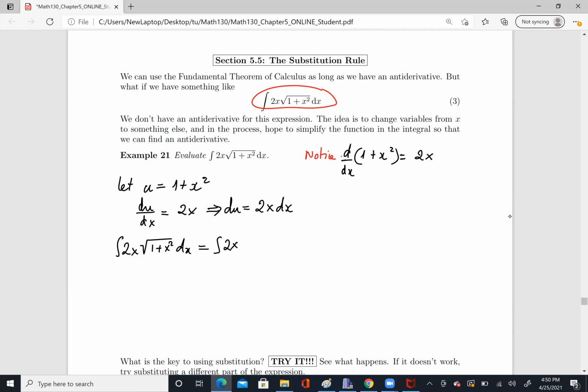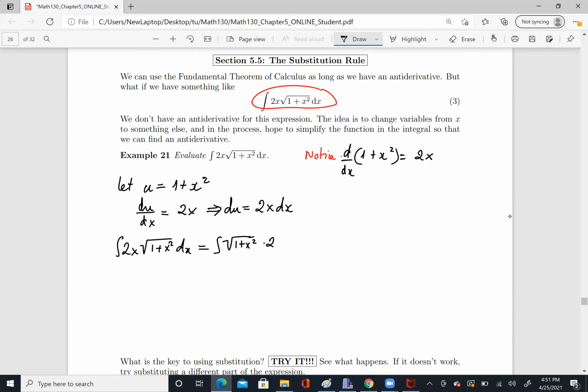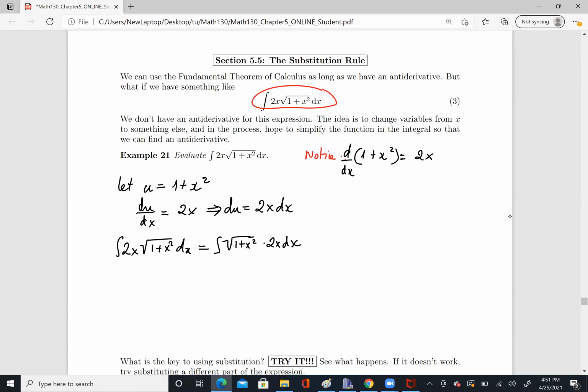No, let me rearrange it, right? I'm gonna rearrange square root of 1 plus x squared multiplied by 2x dx. See that? I just rearrange it, right? Because this is du, right? And this actually can be square root of u.